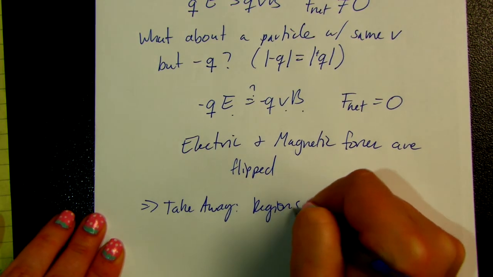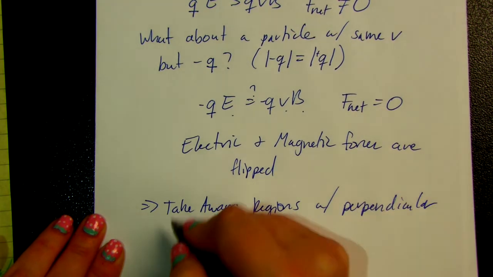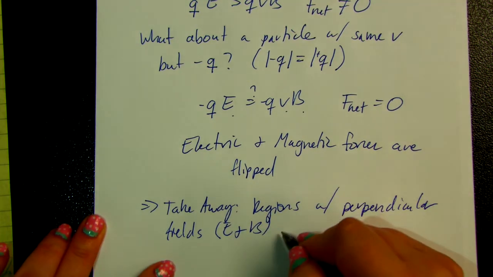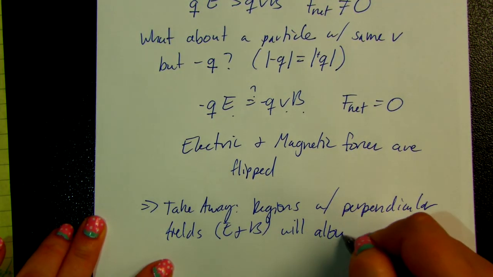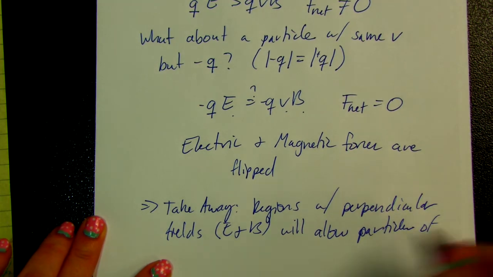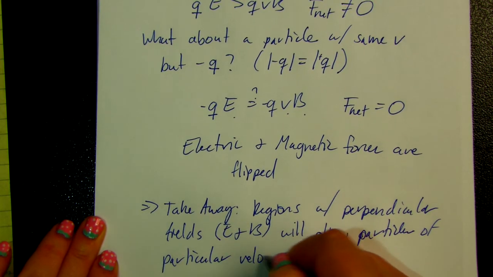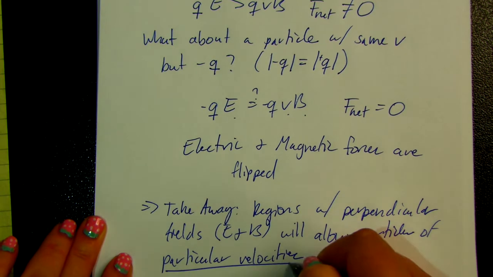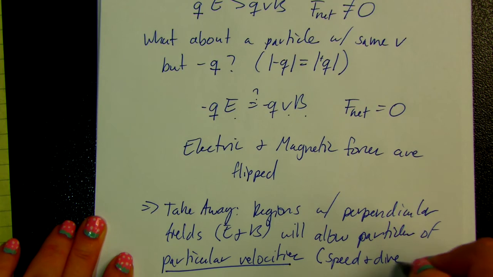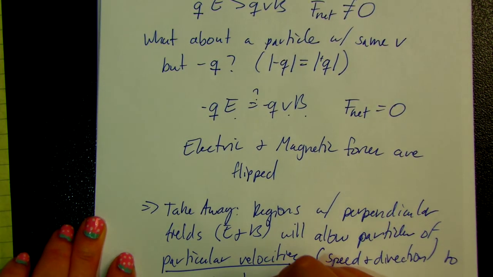Regions with perpendicular fields, so that would be E and B, will allow particles of particular velocities, and so that would include both the speed and direction, to pass through with no deflection.